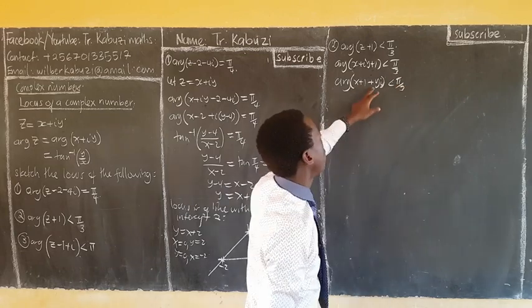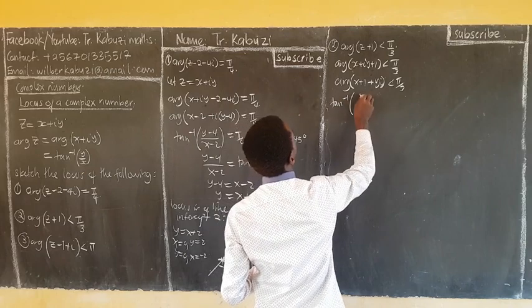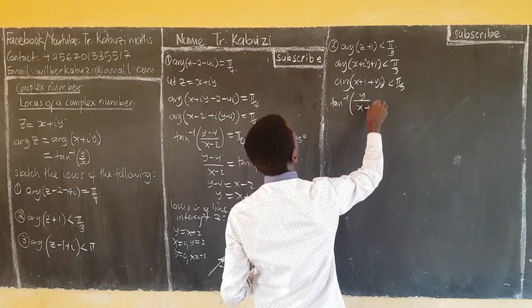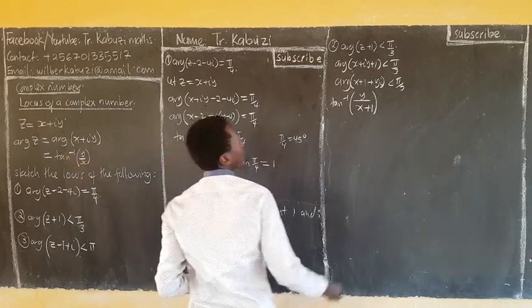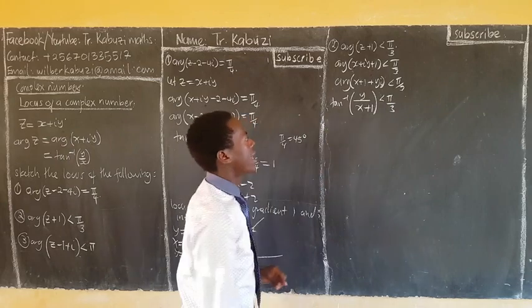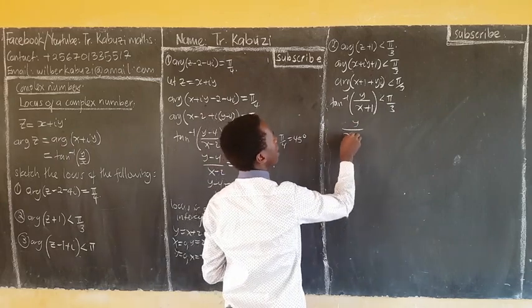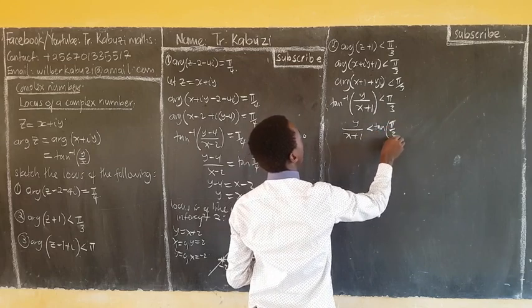So if I have arg of this, we say this will be tan inverse of the imaginary over the real. Our real part is this, imaginary is this. Using this idea, less than 5 pi over 3. Taking it to the other side, I have y over (x plus 1) less than tan 5 pi over 3.